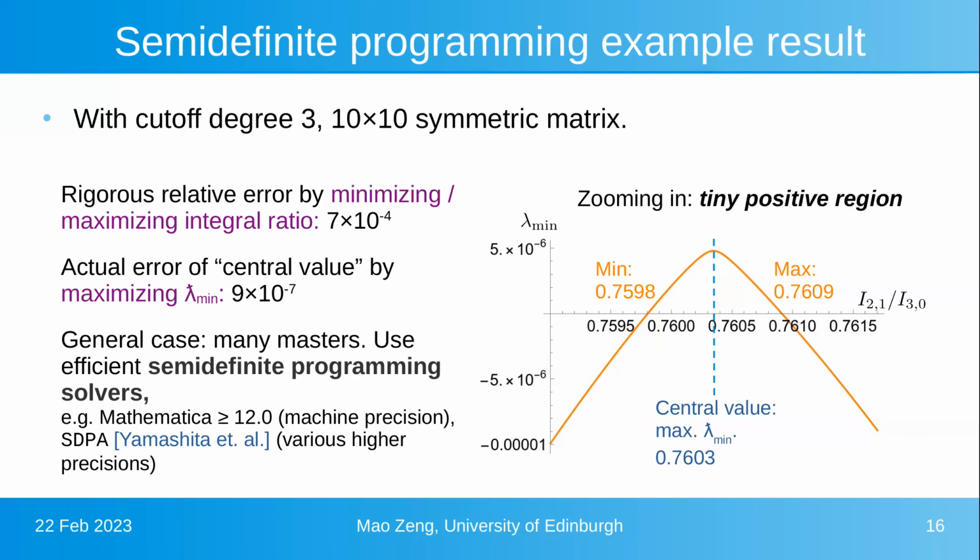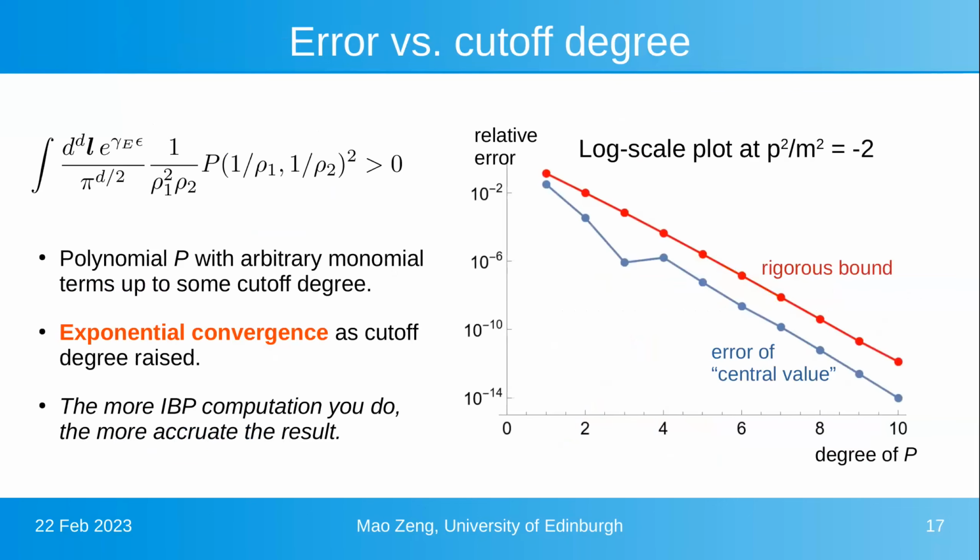Okay. Yeah, thanks. Then now I just plot how the error shrinks as my cutoff degree is raised. The horizontal axis is the cutoff degree of my polynomial, and the vertical axis is the relative error in evaluating this rather simple example of a one-loop massive bubble integral.